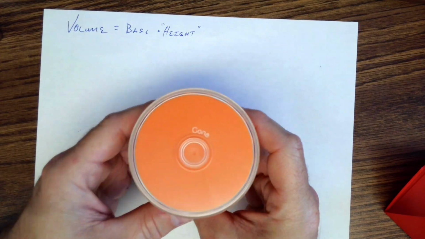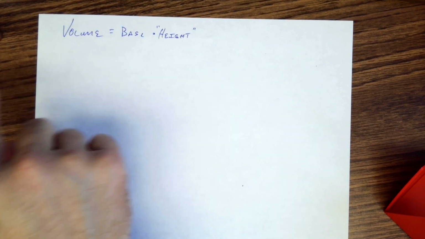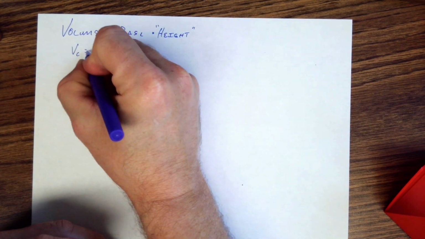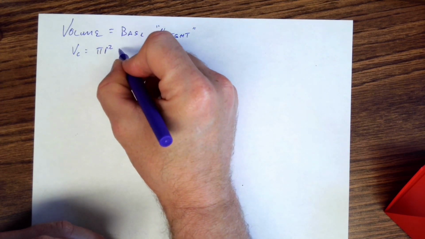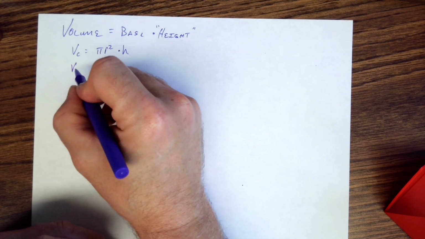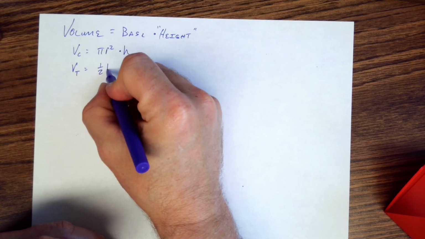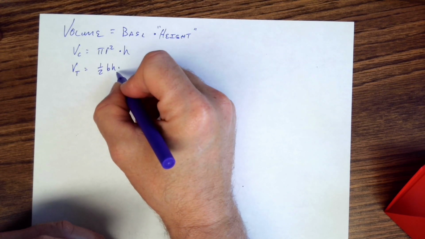But what is also interesting here is that we still have that circle base, right? So it's still volume, right? So here we had the volume of a cylinder, which was pi r squared times height. We had the volume of a triangular prism, which was 1/2 base times height. Oh yeah, there's that height piece, right?